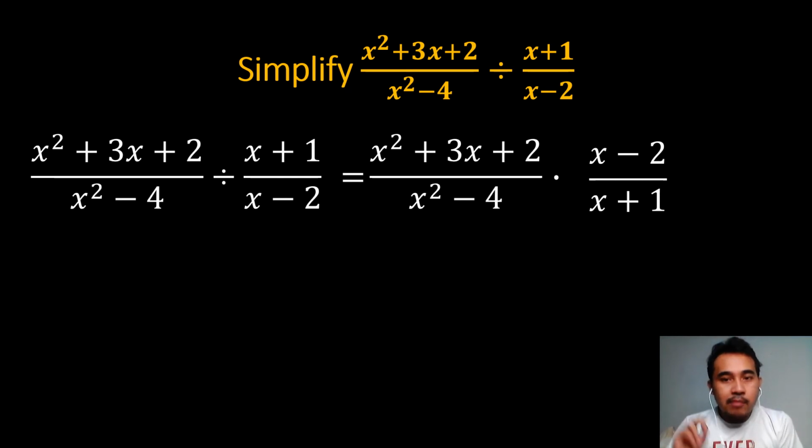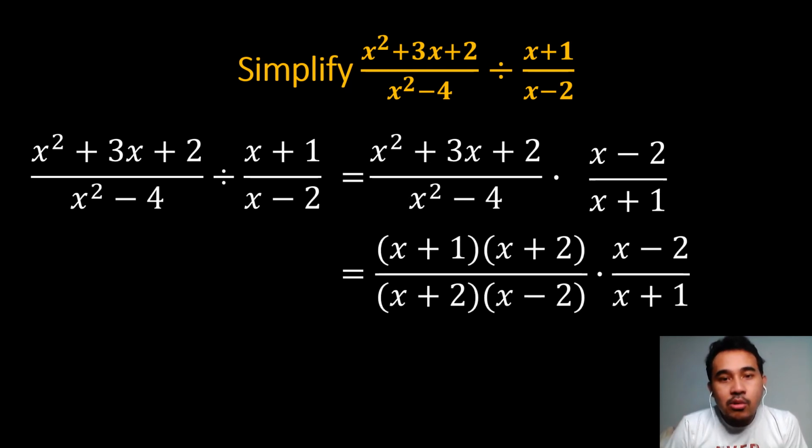Now, analyzing the given, you can have factoring. So x squared plus 3x plus 2 is a general trinomial, so the factors will be x plus 1 times x plus 2. And then difference of two squares: x squared minus 4 will lead you to x plus 2 times x minus 2.